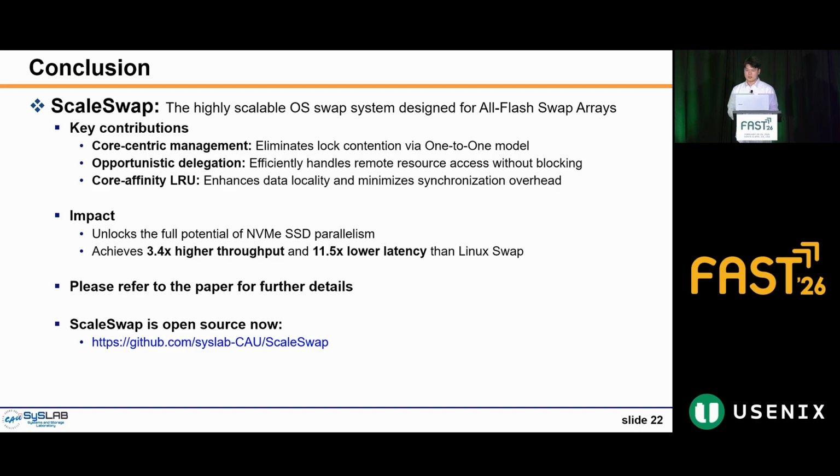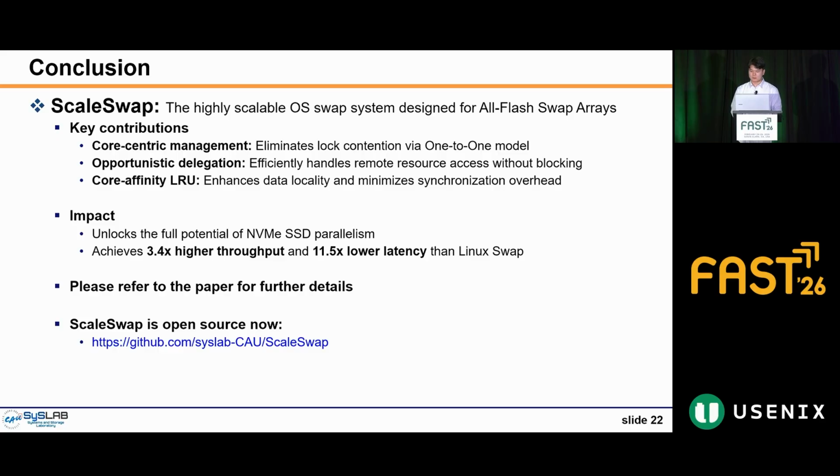To conclude, ScaleSwap is a swap system designed for all-flash swap arrays. We redesign swap to scale with increasing numbers of cores and SSDs. We achieve this through 3 key design choices. First, swap resources are owned by individual cores, eliminating global lock contention.